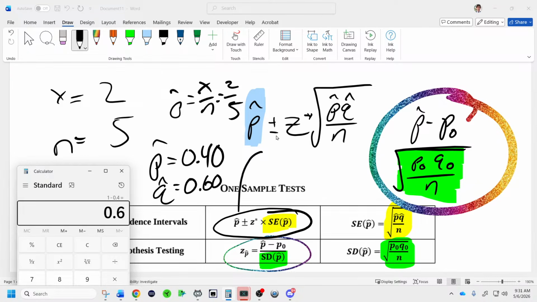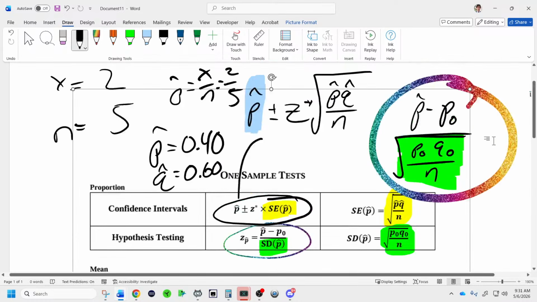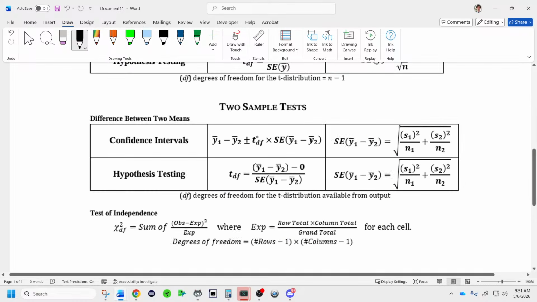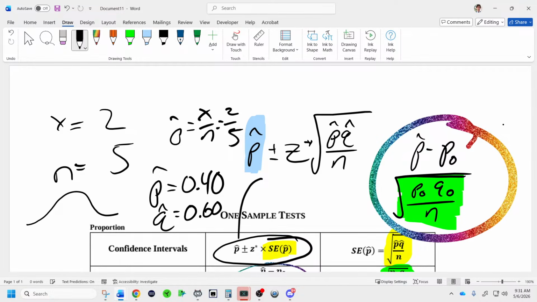And then z star is going to be related to how confident we are. If you are 68% confident, Z star is equal to 1.